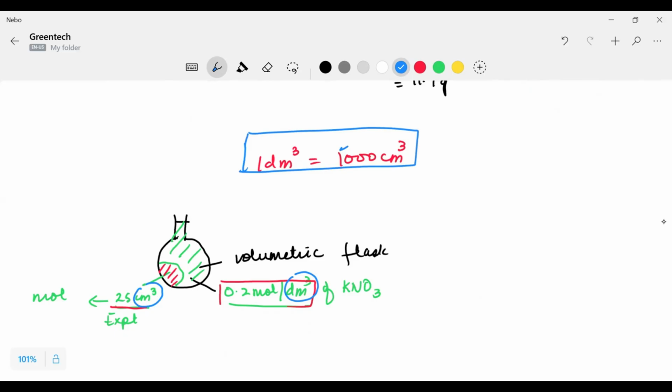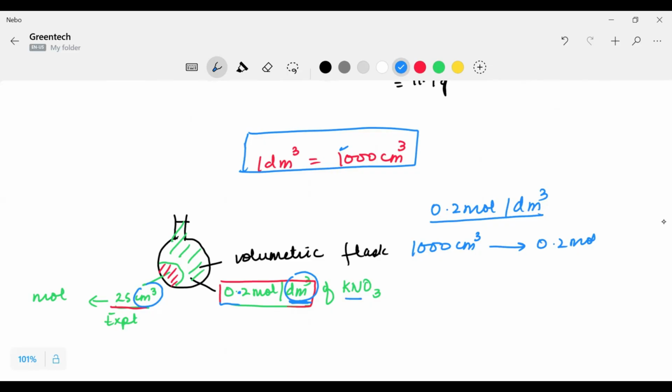So I can expand this concentration, 0.2 moles per dm cube. I do understand that this actually means that 1000 cm cube, which equals 1 dm cube, has 0.2 moles of KNO3 dissolved in it, isn't it?